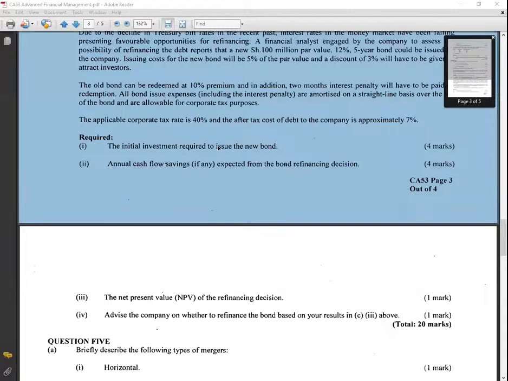If we decide to issue the new bond today, what are those expenses we will incur today? What are those expenses we shall incur today? If we decide to issue the new bond, tukimaliza hii kusema ukweli, tunaenda tu kulala. Hakuna kufikiria mambo ingine. Tukimaliza hii, tunaenda tu kulala.